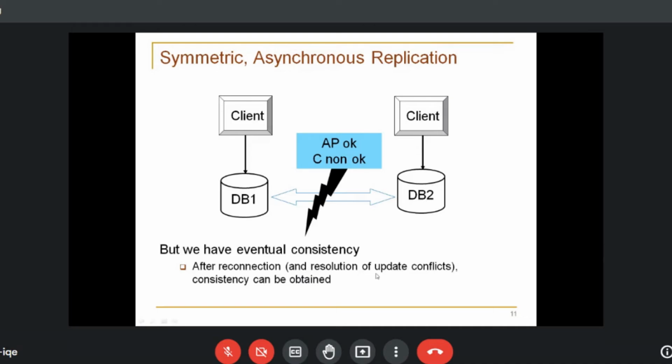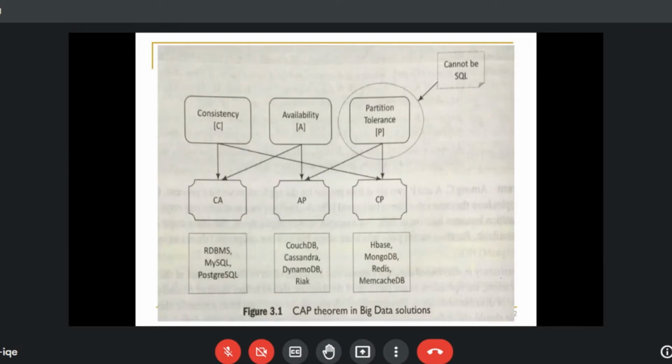After reconnection and resolution of update conflicts, consistency can be achieved. So this is when we make a compromise with one condition, then we have these two solutions.